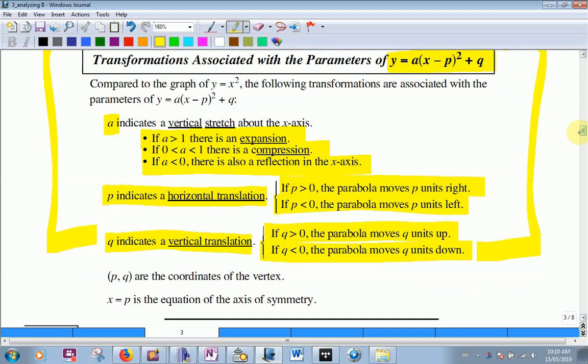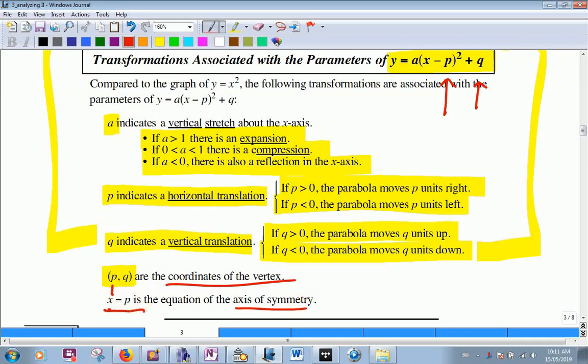Now, why do I call this vertex form? Because P and Q are the coordinates of the vertex. Nice. Okay, it's going to be helpful. And the axis of symmetry is always where the vertex is. It says that in your notes before.